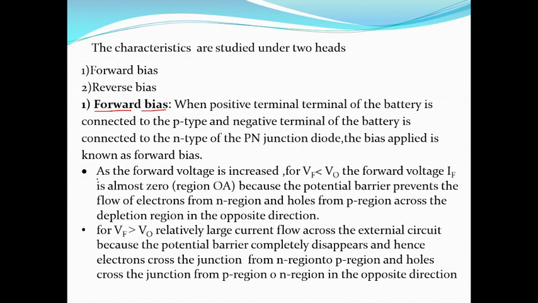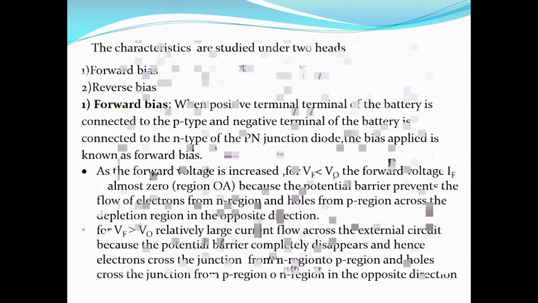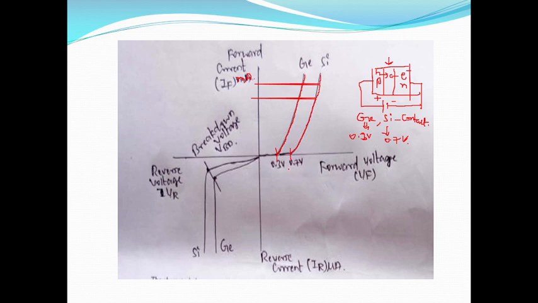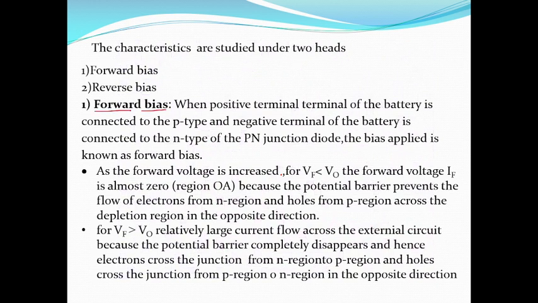If I study in words the forward bias characteristics, as the forward voltage is increased, for forward voltage VF less than the cutoff voltage V0, what happens? There is no flow of current, because the potential barrier prevents the flow of electrons from the N region to the P region. So in the depletion region there is no flow of current.